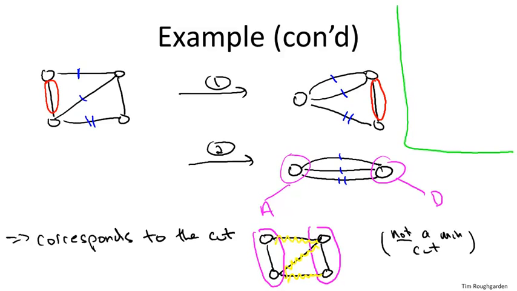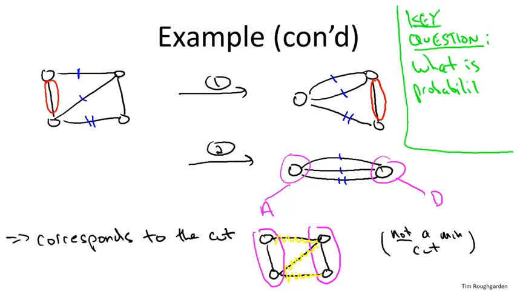So the obvious question is, is this a useful algorithm? So in particular, what is the probability that it gets the right answer? And we know it's bigger than 0 and we know it's less than 1. Is it close to 1 or is it close to 0? So we find ourselves in a familiar position. We have what seems like a quite sweet algorithm, this random contraction algorithm, and we don't really know if it's good or not. We don't really know how often it works, and we're going to need to do a little bit of math to answer that question.